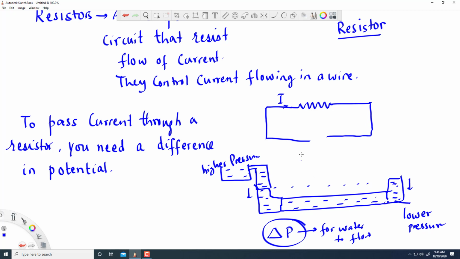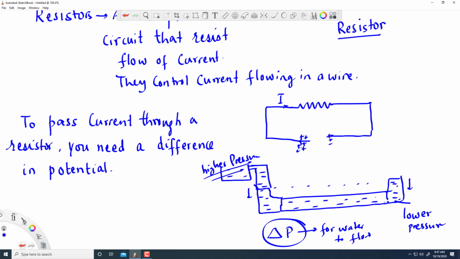In the same way, we also need to have some kind of change in pressure in a circuit for current to flow. Just like for water we need pressure difference of water, here we need pressure difference of charge. The pressure difference of charge is what we call potential difference. What that means is we need to have more positives here and less positives here, or you can also say more negative.